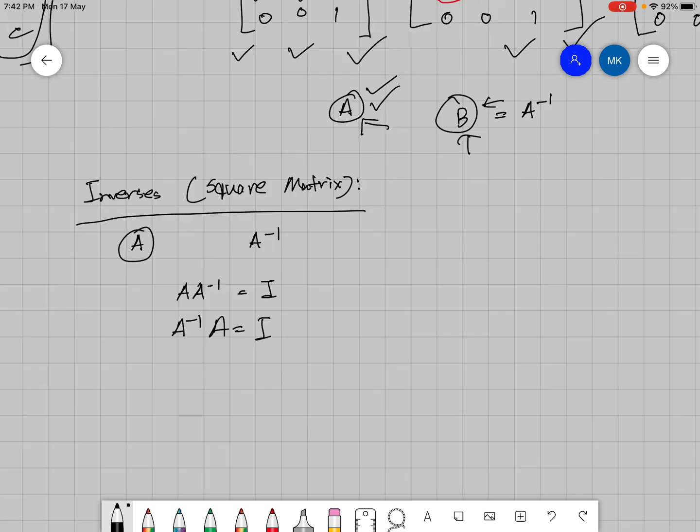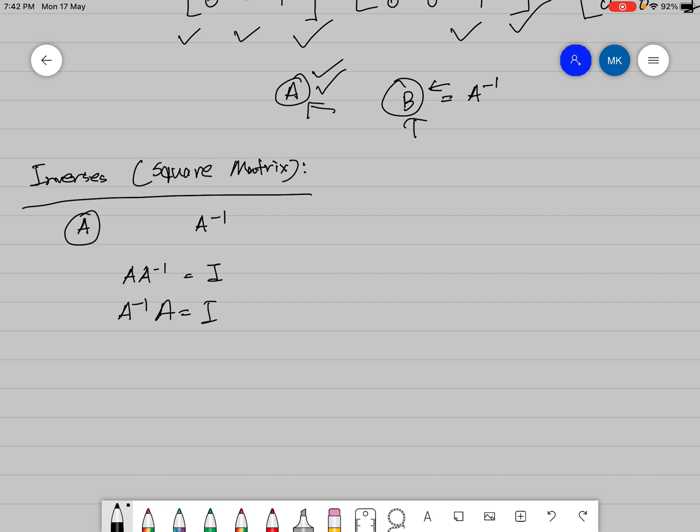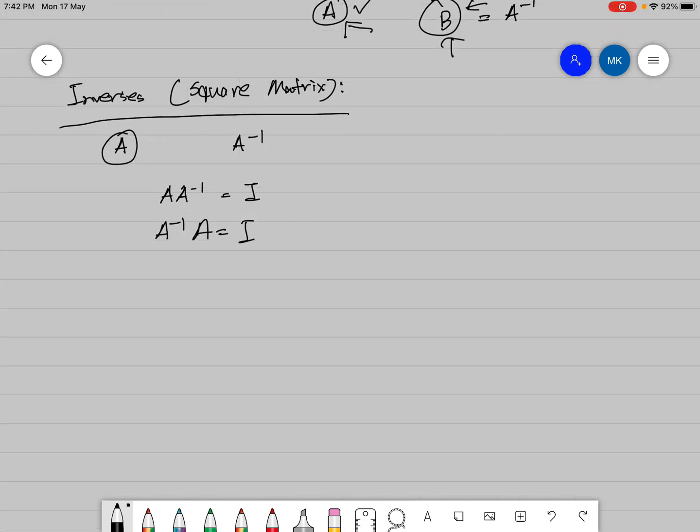Okay, so let's talk a bit about singular or non-invertible matrices. Let's say you have a matrix A equals 1 2 3 6. From the high school level, you know that this matrix is not invertible. Why? The simplest answer is the determinant.